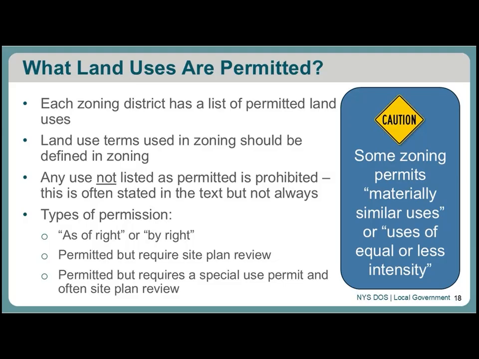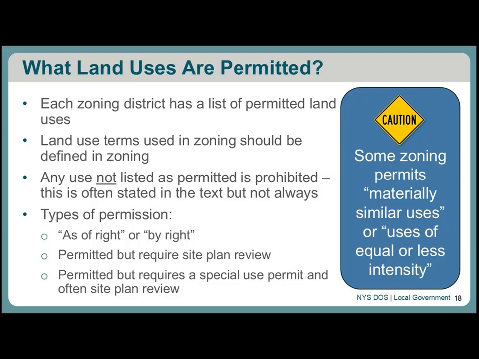And then there are uses that are permitted but might require site plan review, and we'll talk briefly about site plan review in a few slides. Or it could be a use that requires a special use permit. And special use permits often, but not always, also require site plan review as well. So there are different levels of permissiveness that zoning will articulate, and we'll talk about special use permits as well in a minute.